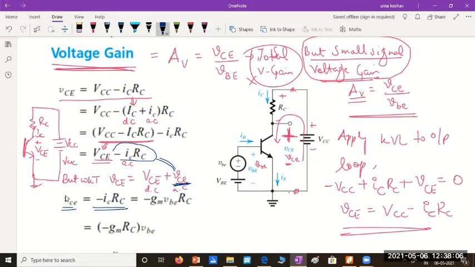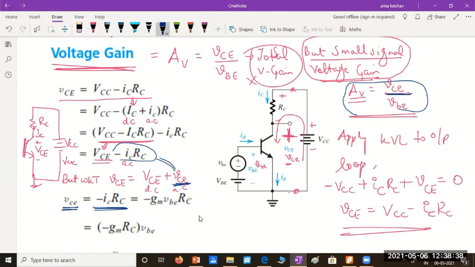And remember, what did I start to find? I was supposed to find the small signal voltage gain, which is the ratio of AC collector emitter voltage to AC base emitter voltage. I have found the expression for AC collector emitter voltage as minus IC RC, but we had already defined IC in terms of VBE.